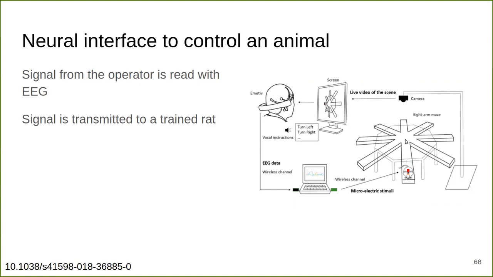So this rat can turn left or right. The operator knows the layout of the labyrinth, and can transmit instructions as to where the rat should go. And in this paper there is also a very funny video where the person controls this rat traversing the maze, a 3D maze.